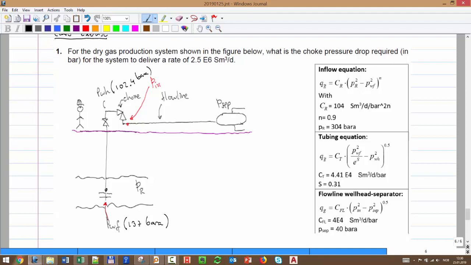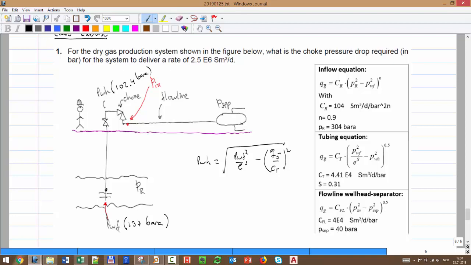When we calculate the available pressure, PWH is the square root of PWF minus QG over CT squared. So be careful: at the rate you are producing, this might be negative, and then that doesn't exist.